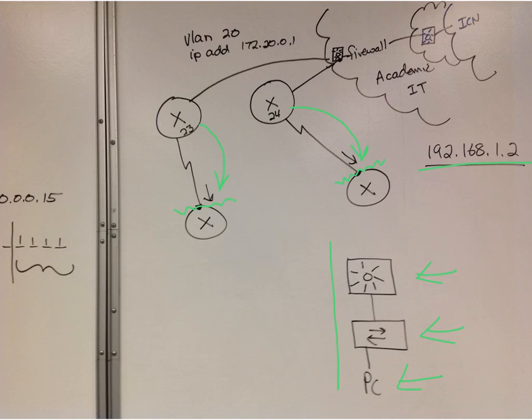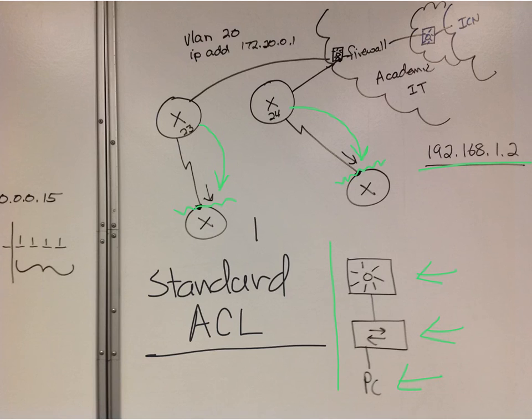So what we added was a standard access control list. And so that was what we used for the first lab. And then on Wednesday, we're going to work on controlling access to VTY lines.